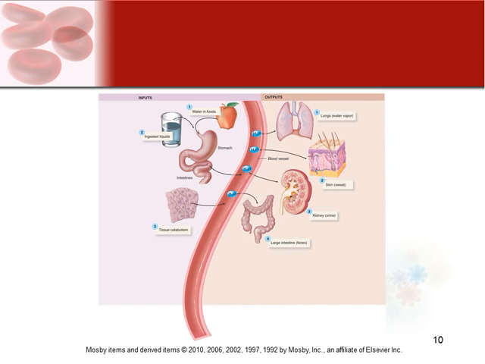Where do we get it from? We get it from drinking liquids and eating foods. It's broken down in our stomachs and in our intestines to make H2O. But then we're going to lose fluid. We breathe it out in our lungs, we lose it in our skin when we sweat, and then we filter it out through our kidneys, and we excrete some in our large intestine with our feces.